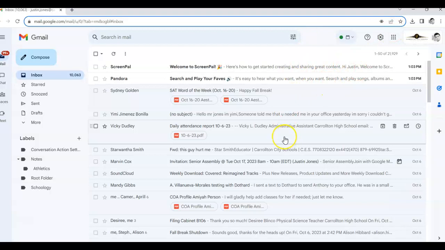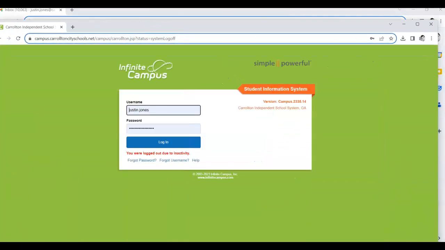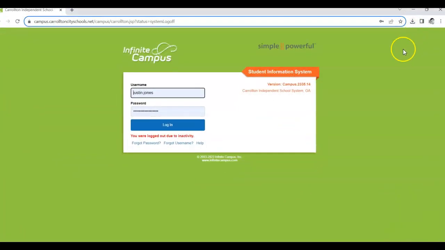Another thing I use my laptop for is information. We use a program here called Infinite Campus. A lot of our teachers use Infinite Campus as well to take roll. I use Infinite Campus for looking up student information, looking up class information for teachers.